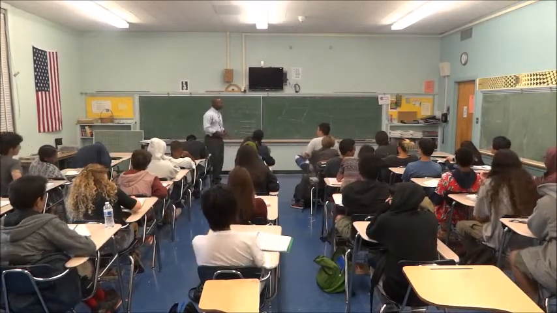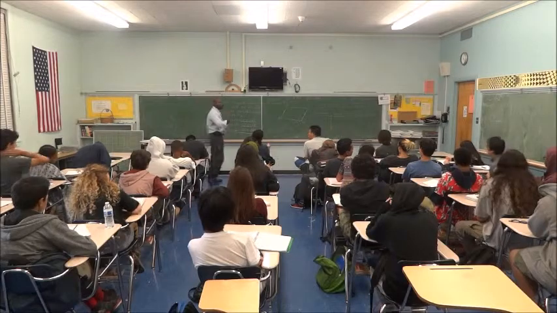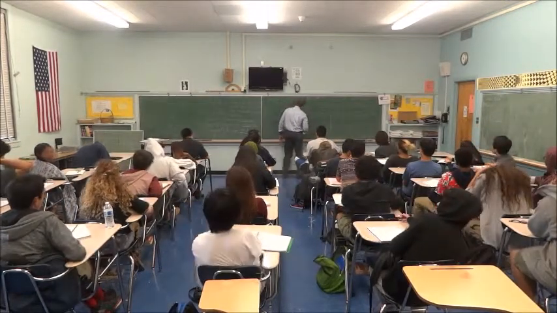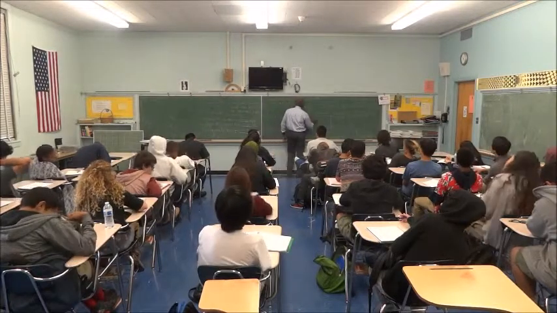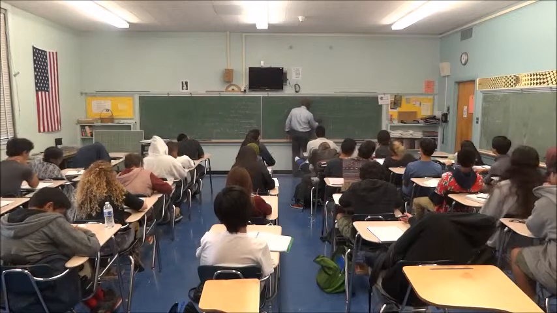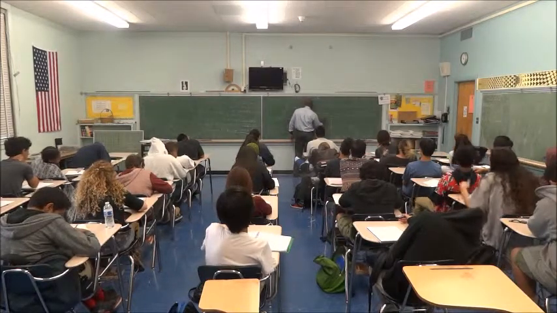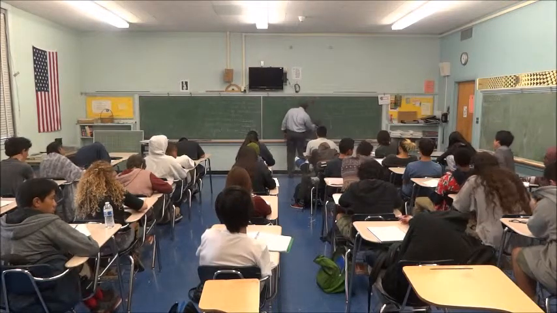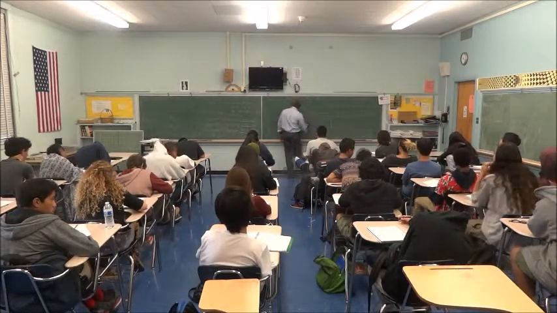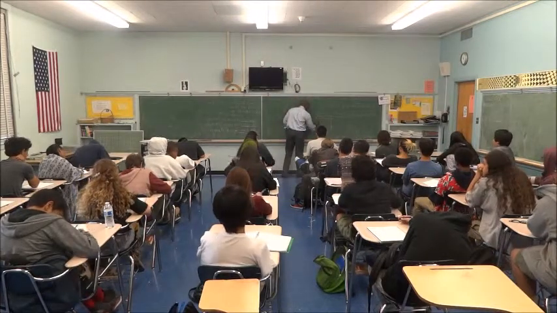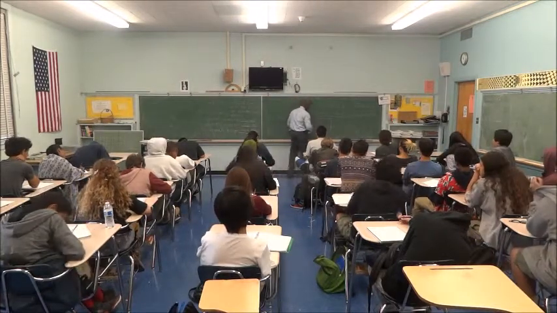Okay, do we get any volunteers? What's the first thing? What's number one? The given. Okay, what do we have given? AB is parallel to DC. BC is parallel to AD. And then what else do we know? Okay.